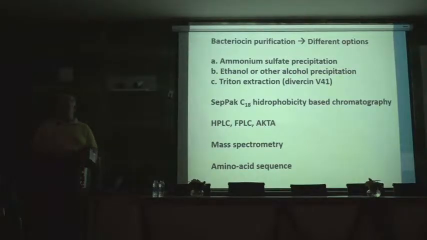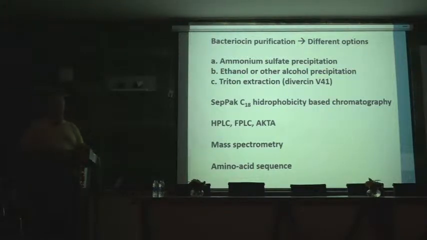And using this hydrophobic column and appropriate solvents of isopropanol, you can actually make fractions where your bacteriocin will be in a specific fraction, because you will do the gradient of the isopropanol, let's say 20, 40, 60, 80%. And you can actually get rid of other proteins and have a fraction completely concentrated with your bacteriocin.